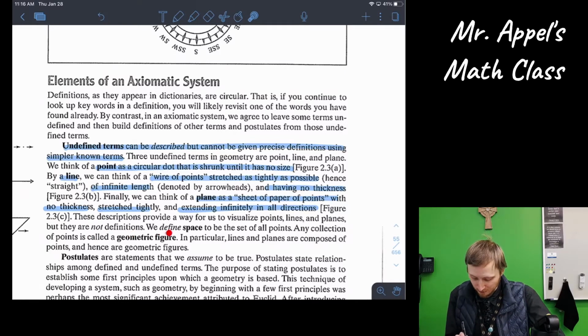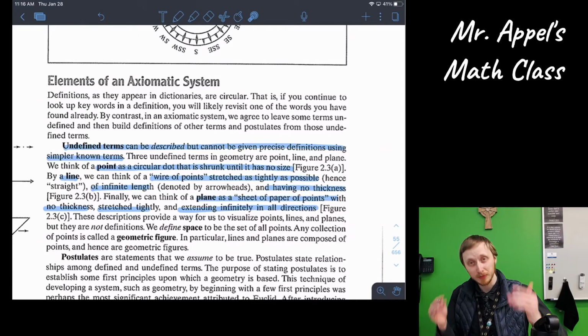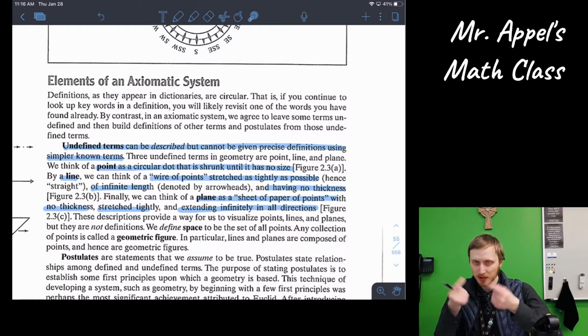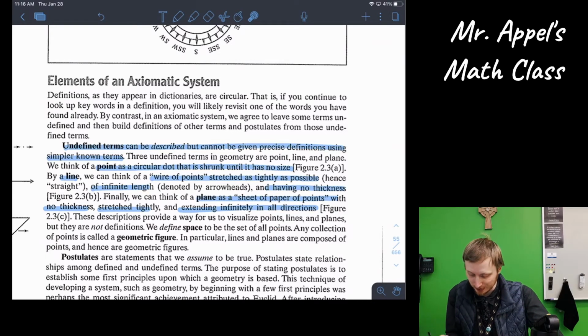Okay? We define space to be the set of all points. Any collection of points is called a geometric figure. Okay? So now we're getting into definitions, right? Space is a definition that builds on points. But what are points? Well, these are things that you just have to accept exist. So space is the set of all points.